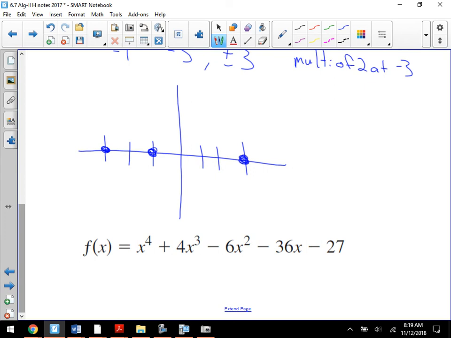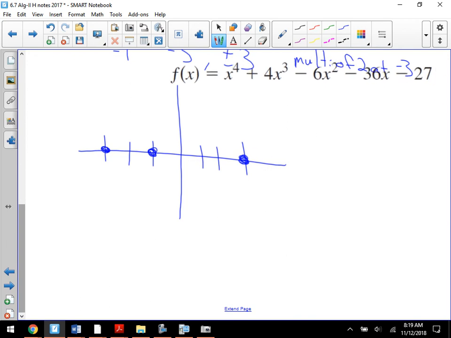Y-intercept. Where's your y-intercept on this? -27. Yeah, that constant. If x is 0, you have the y-intercept. So somewhere down here, we'll just say that's -27. It doesn't have to be scaled perfectly, but I know it happens. So I get the idea of how far down it's going to go before it goes back up.